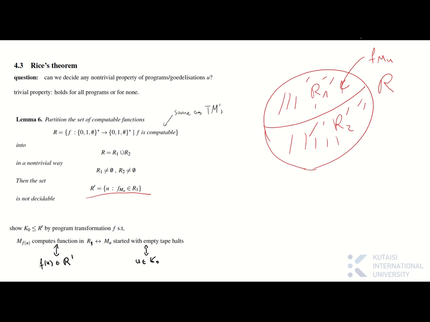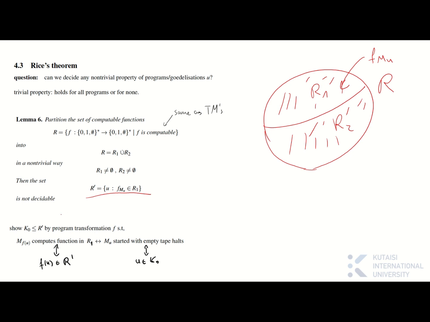So completely generally, doesn't matter what R1 is. For example, we proved that if R1 computes a constant function 1, then it's undecidable. Or if R1 holds on empty tape, it's undecidable. But just in general, if you just split it in two, it's undecidable. So non-trivial things are undecidable. So metaprograms basically do not exist. This is what this theorem says.